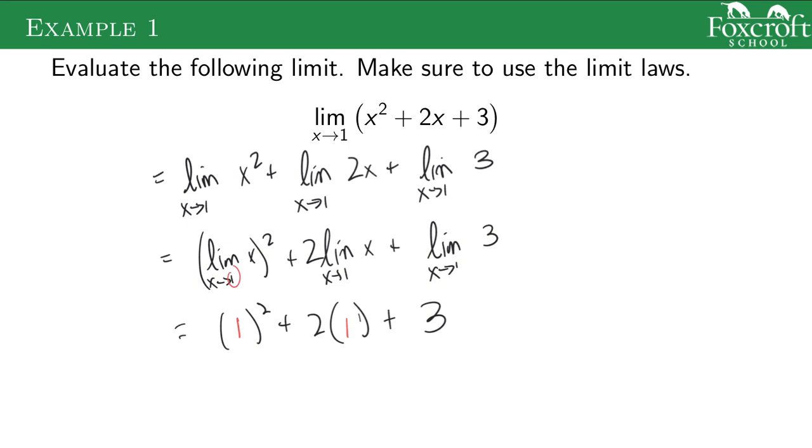So this is how we can evaluate the limit, and then we'll do some steps to simplify it. But look at what we have right here, and compare it to our original expression. You can see all that happened was x squared became 1 squared, 2x became 2 times 1, and 3 became 3. And that's the exact same thing as if I had just taken this 1 and put it in for the x's.